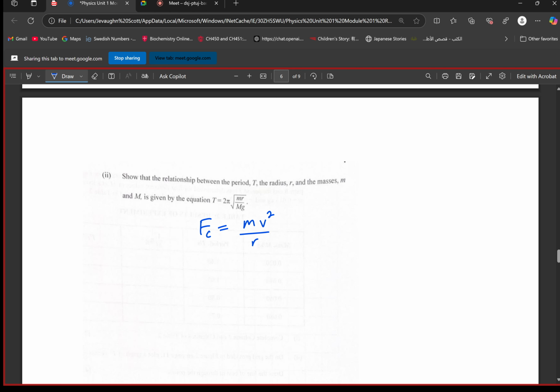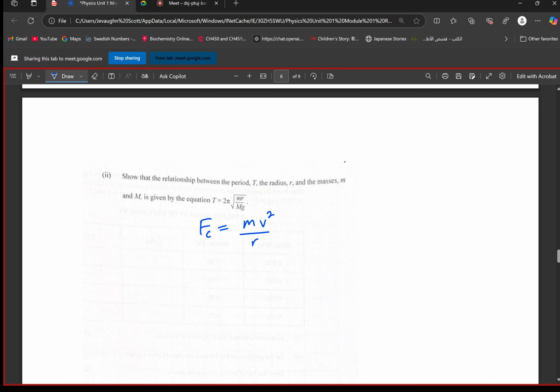So by virtue of the relationship between the speed and the period, can anybody tell me what a period is? It could be in terms of frequency. So what would you say in terms of frequency? The period T is how long it takes to complete one oscillation or one rotation.